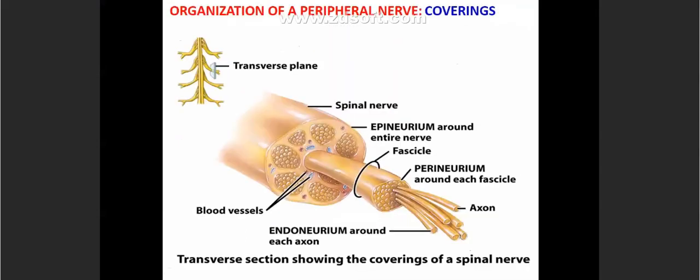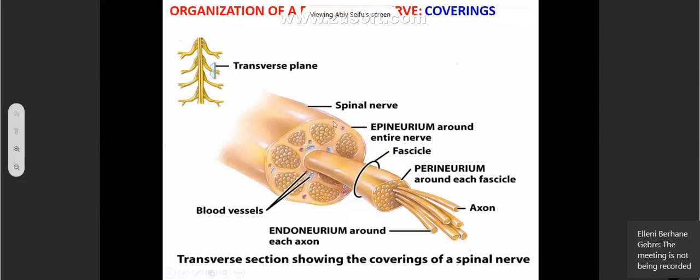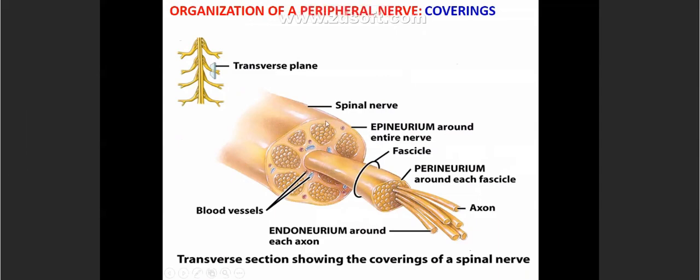Then we were discussing this one. One spinal nerve is protected by three protective structures: epineurium, perineurium, endoneurium. The epineurium is the outer one covering the whole nerve. Perineurium protects a given bundle of axons or nerve fibers.